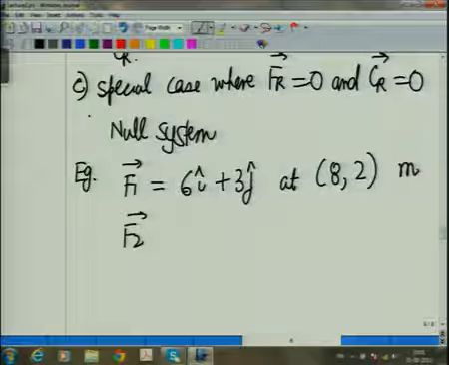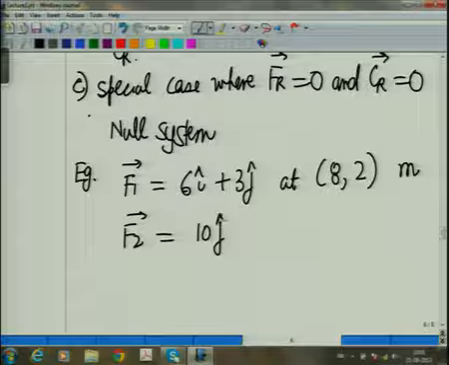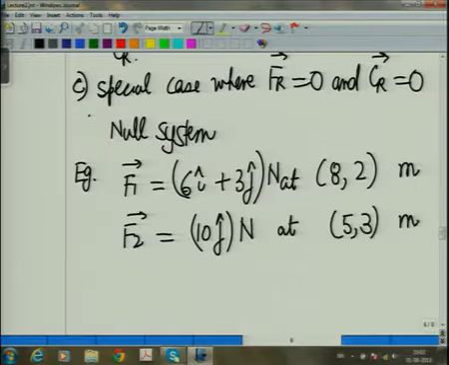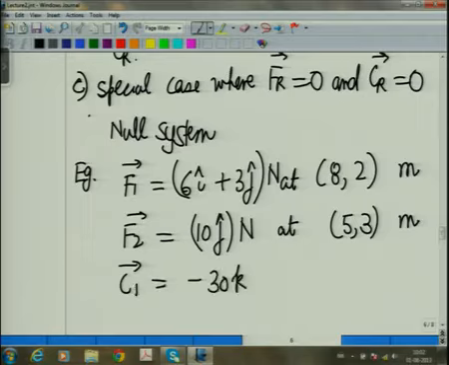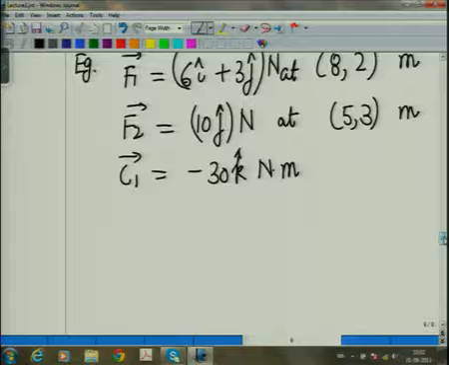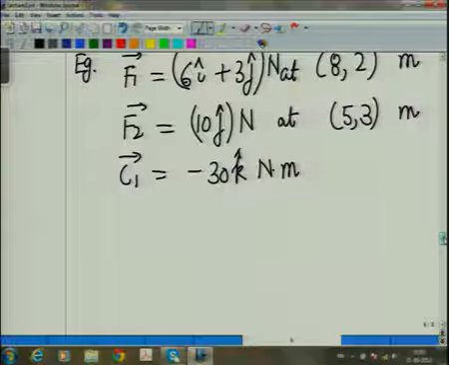We have a force F2 equal to 10j newtons, which acts at 5, 3 meters, and we have a couple C1 equal to minus 30k newton meters. So these are the different forces acting on the system, and we have to find the simplest resultant.